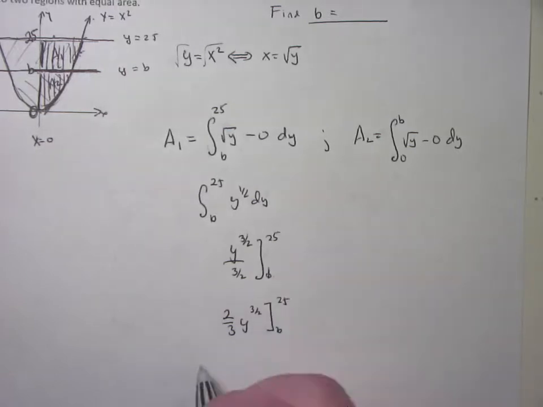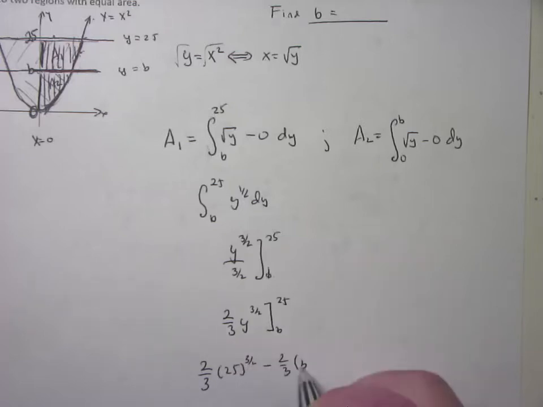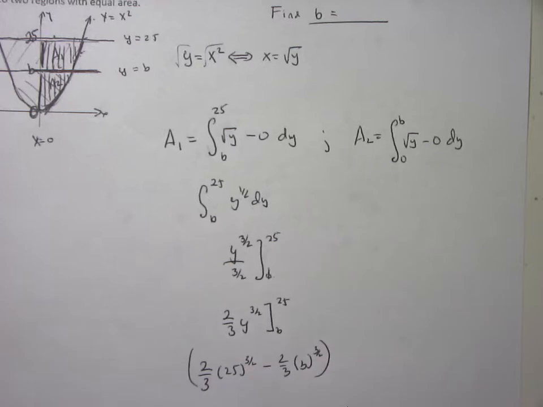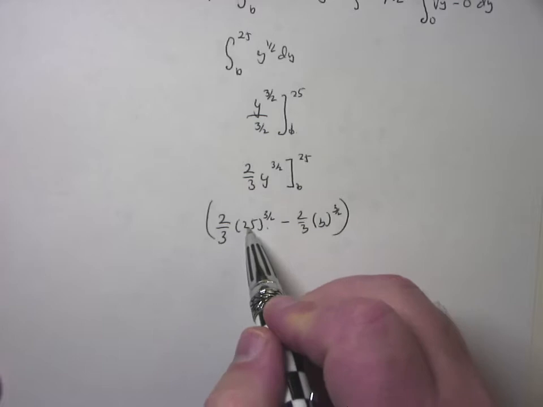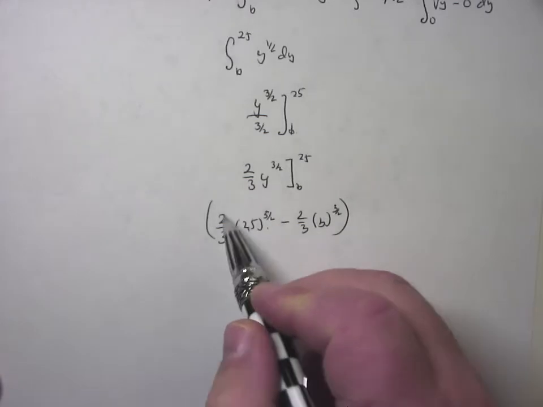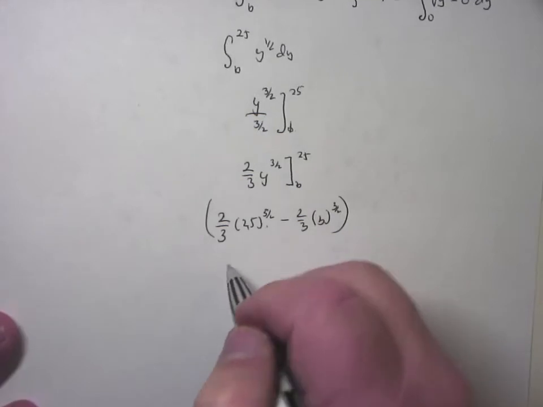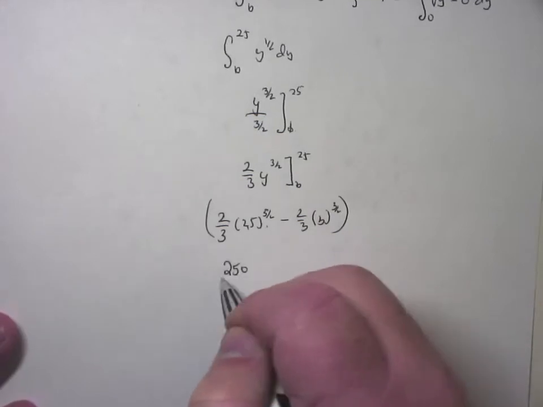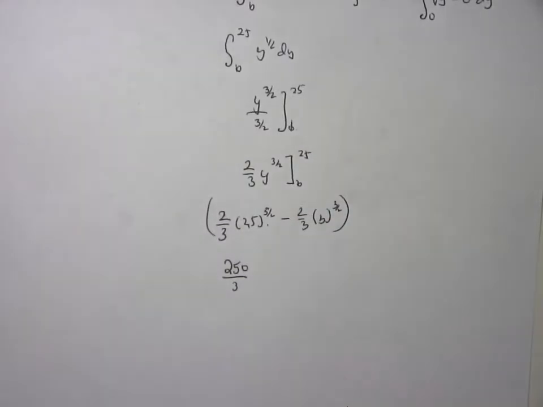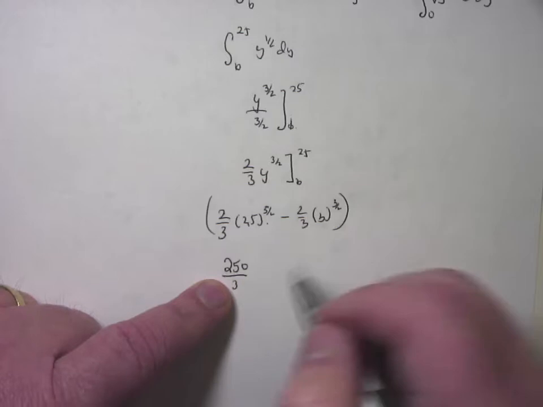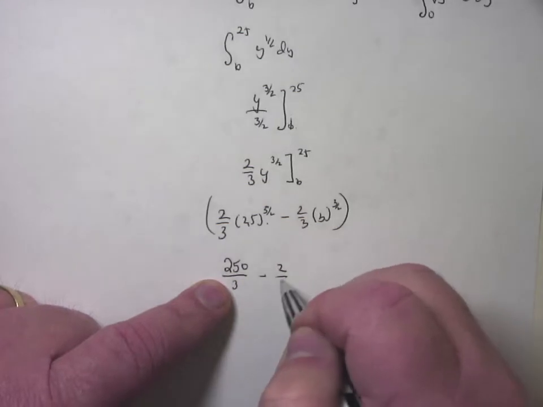So this is 2/3 times 25 to the 3/2 power minus 2/3 times b to the 3/2 power. Okay? What's the square root of 25? 5 cubed is 125, times 2 is 250 over 3. Does that make sense? All right. Minus 2/3 b to the 3/2.